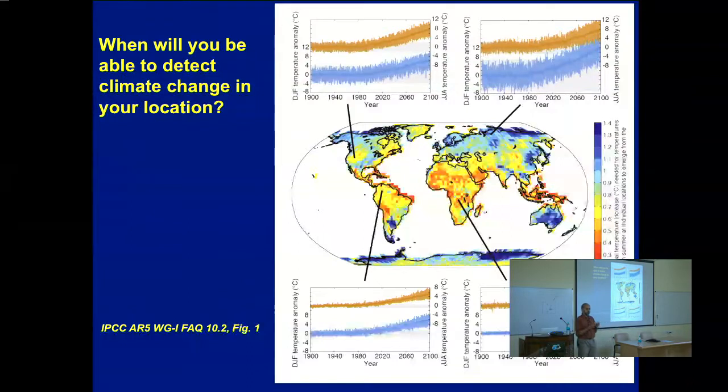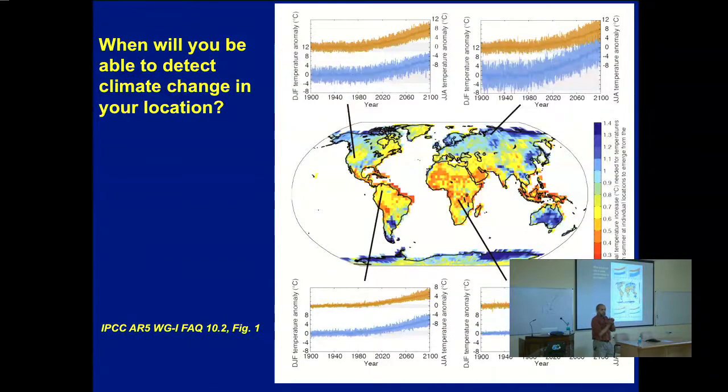Every year I take the DJF temperature anomaly and I plot it, then it looks like that. This band represents the range of values possible. When I'm close to the equator, in these two locations, as opposed to far away from the equator, that range is much smaller.